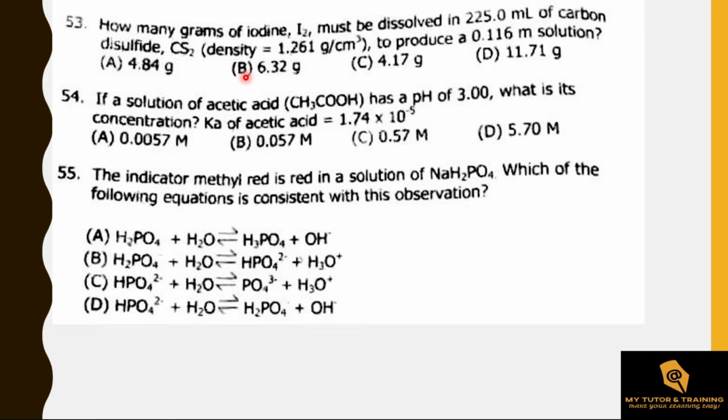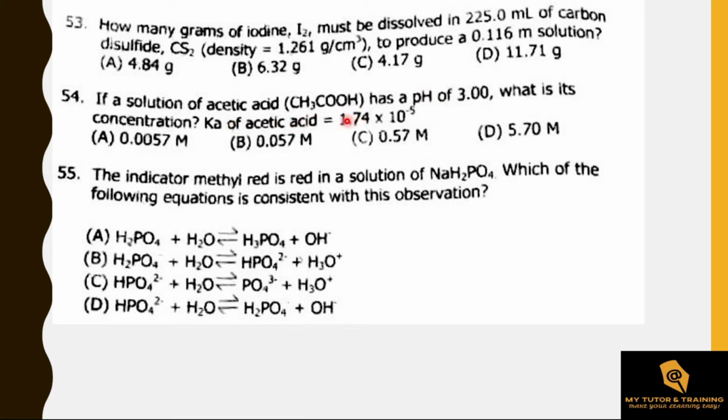Question number 54. If the solution of acetic acid has a pH of 3, what is its concentration? Ka of acetic acid is 1.74 times 10 to the power of minus 5. Here you are given pH and Ka of what? The acid.